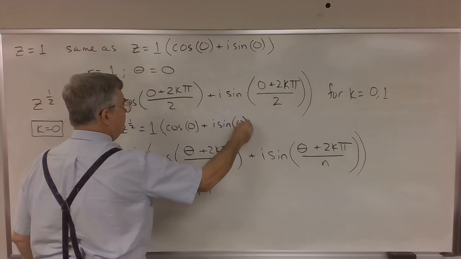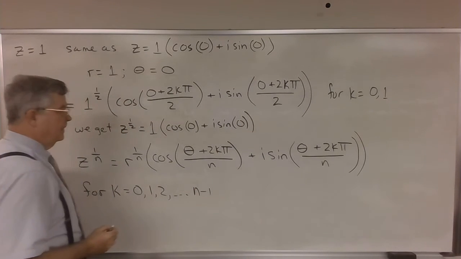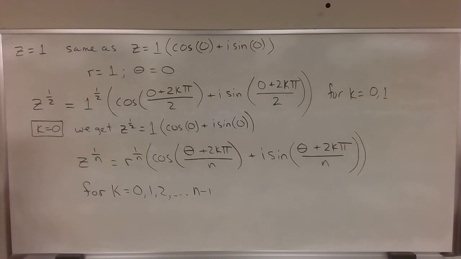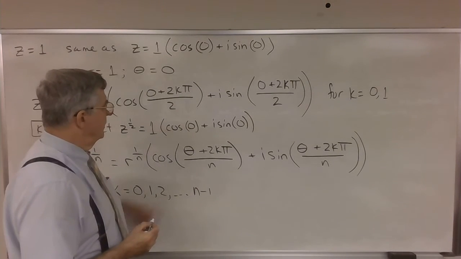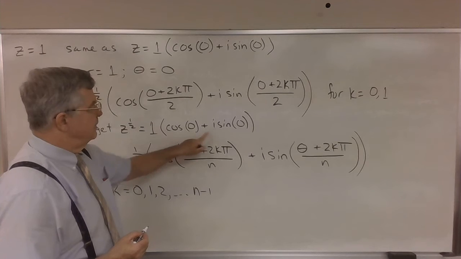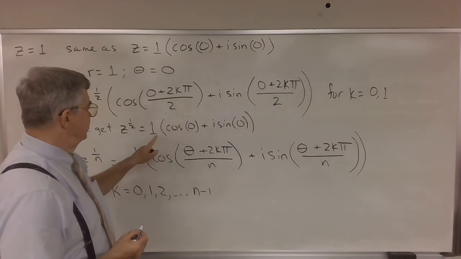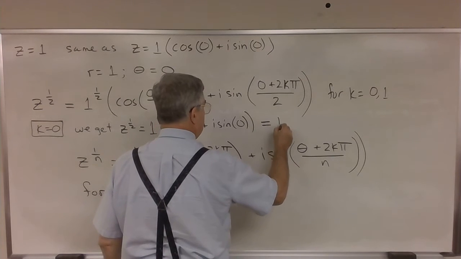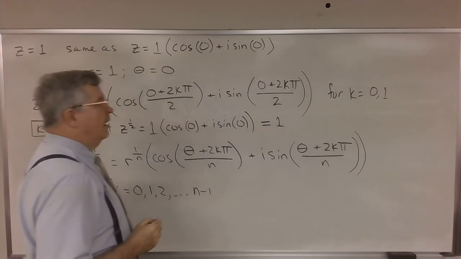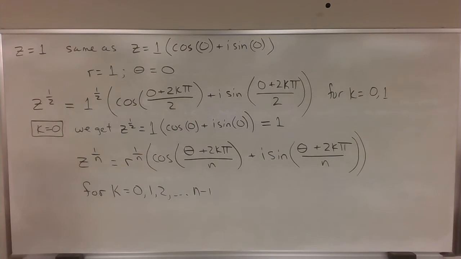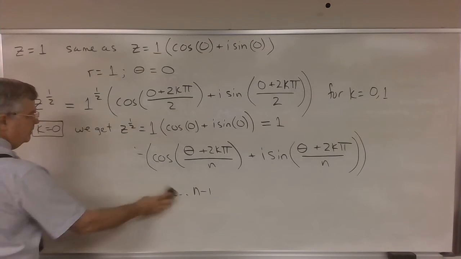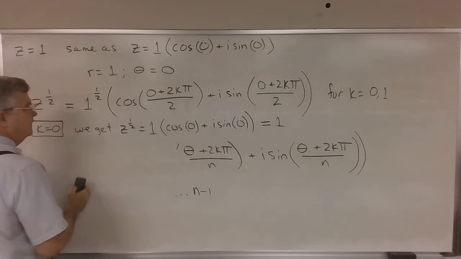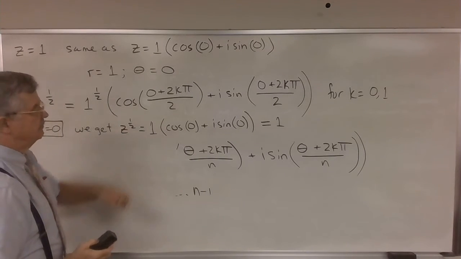And i sine of 0. Cosine of 0 is 1, sine of 0 is 0, so this is just 1 times 1. We get square root of 1 is 1.